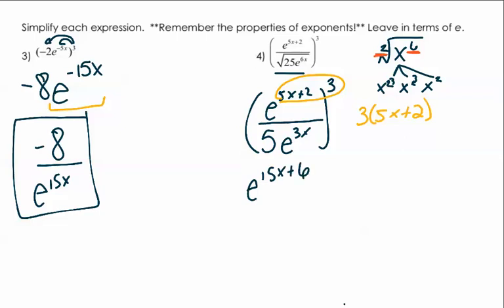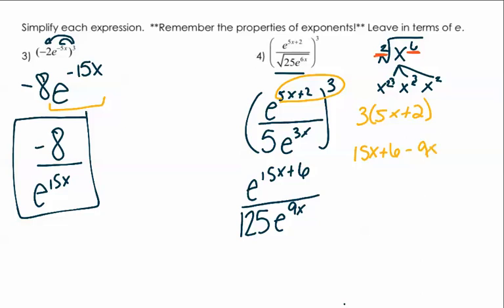And I have that all over 125, and that 125 is coming from 5 cubed, and then e to the 9x. Now the last thing I'm going to want to do is think about subtracting my exponents. So I would have 15x plus 6 minus 9x. Think kind of on the side what's happening here. Those are my exponents that I'm subtracting.